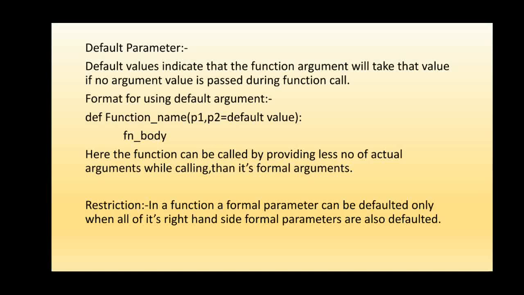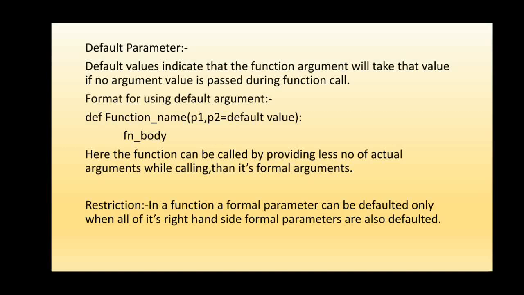If we use default parameter in our program, it will enable us to call a function with a smaller number of actual parameters. The values we provide with the actual parameters will be assigned to the formal parameters from the left hand side, and as we are using fewer actual parameters, the rest of the formal parameters on the right hand side will use their default values.